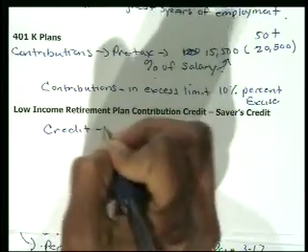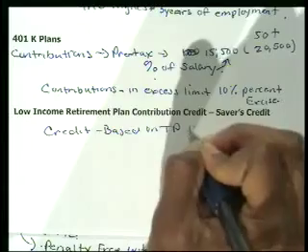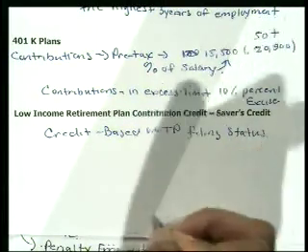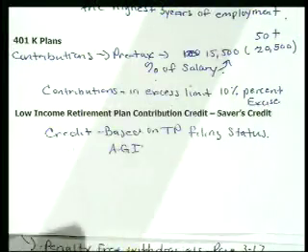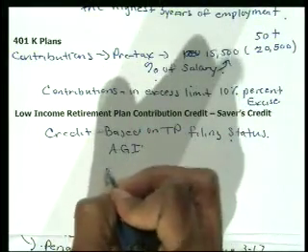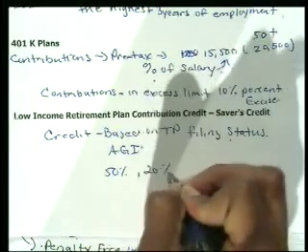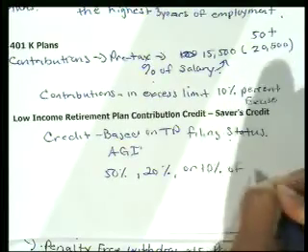And that credit is going to be based on the taxpayer's filing status, okay, and AGI. So it's based on the filing status and the AGI, and the credit is anywhere between a 50% credit, a 20% credit, or a 10% credit of the contribution.